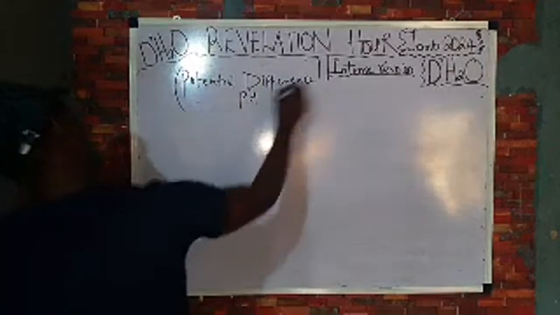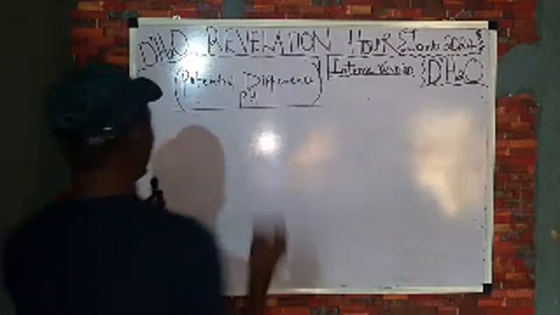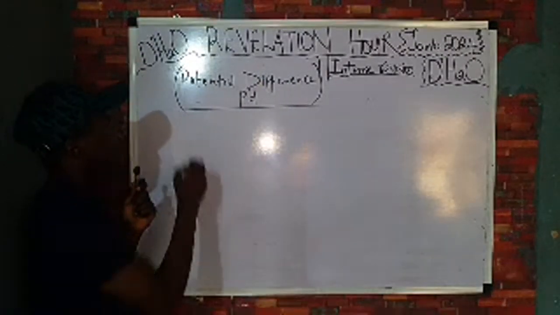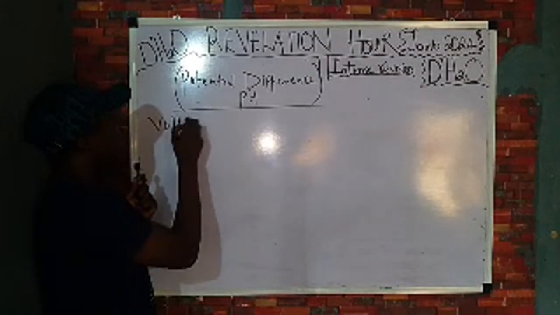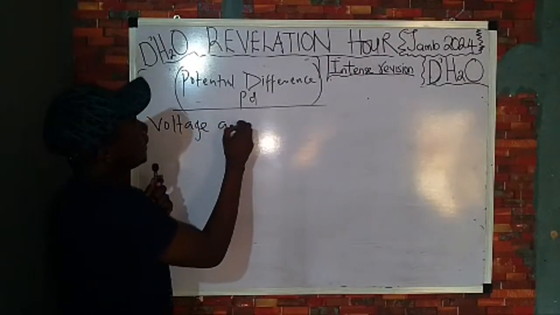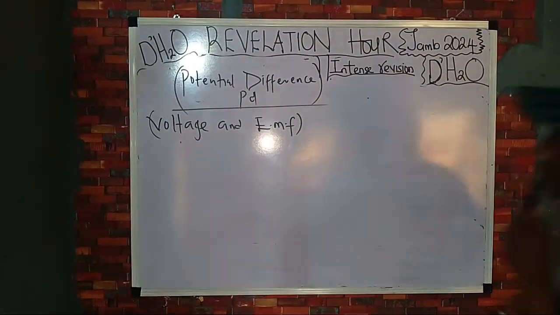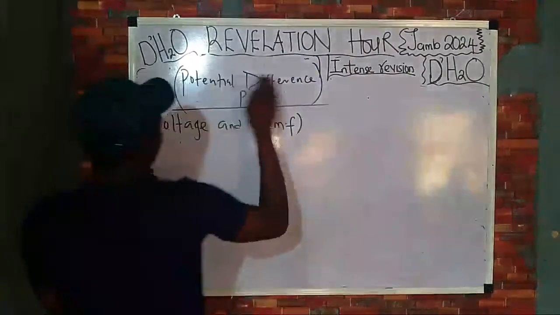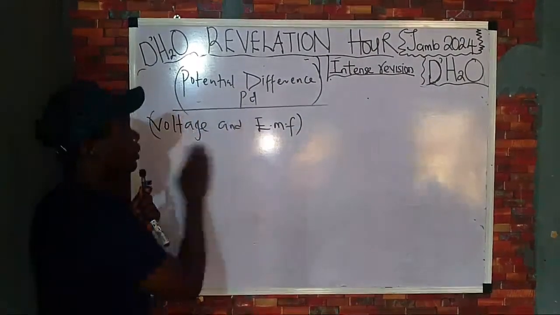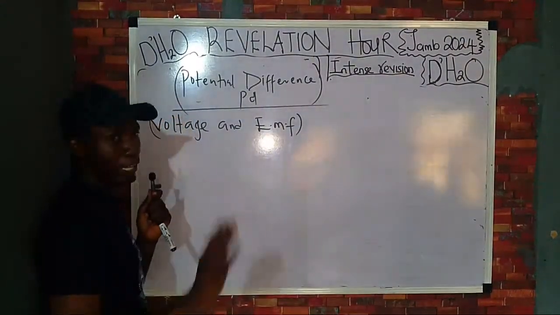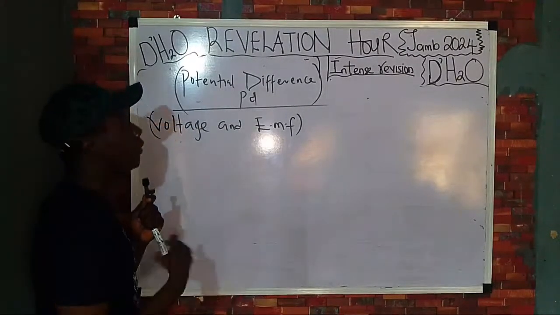PD. What is the dimension for potential difference? Potential difference is the same as voltage. Please write it down. And now, if they are the same, potential difference, which is PD, voltage and EMF, they are the same. Don't forget we are in chapter 2 of physics right now.